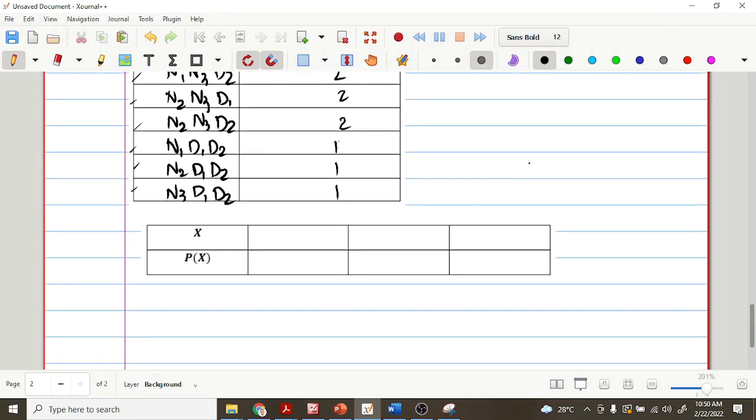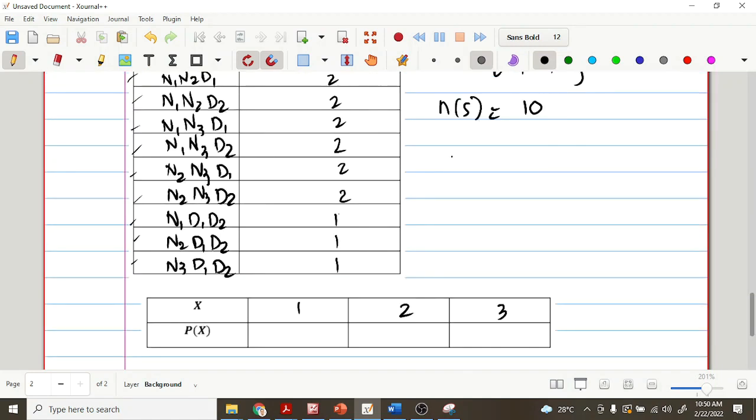So, syempre, sa ating probability distribution, values ni x ay 1, 2, and 3. Ang probability ni x, syempre, probability of A is the same as number of elements ni A over number of elements ni S. So, doon sa choosing 3 out of 5, ilan yung non-defective?